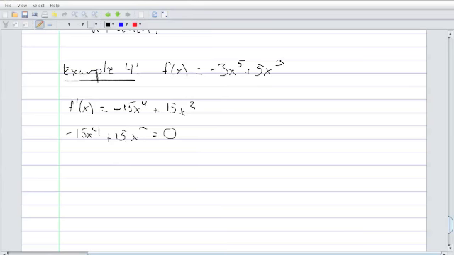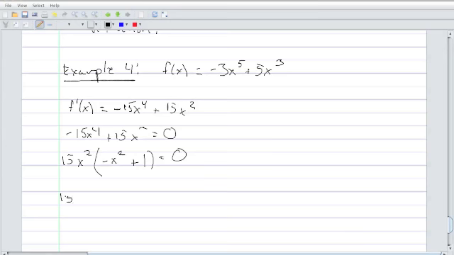So we can factor out a 15x squared from each of these terms. Here we're left with negative x squared, so it should be plus 1 equals 0.